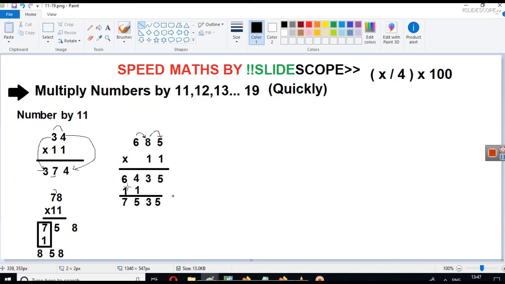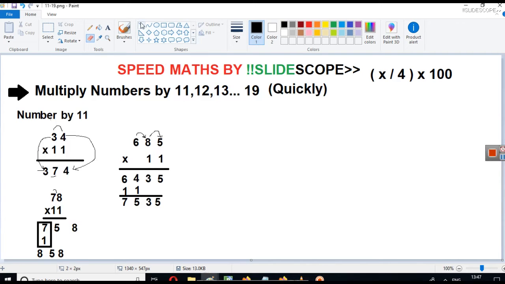So 6 plus 1, 7, 5, 3, 5. If you compare this calculation with the original multiplication, this will give you results faster than the multiplication process. You can follow this same thing for 4-digit numbers also, and so on.